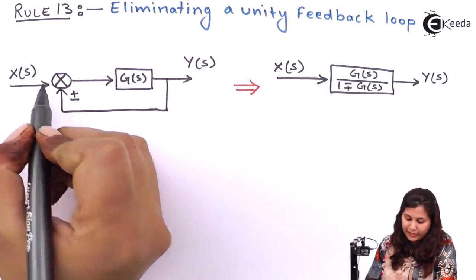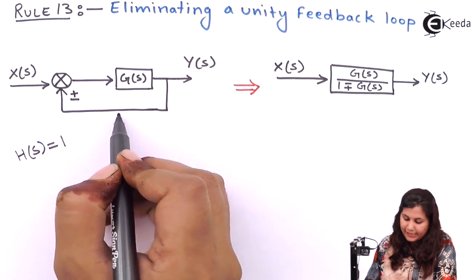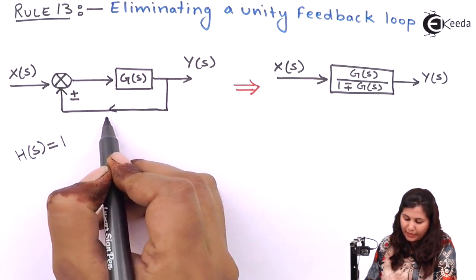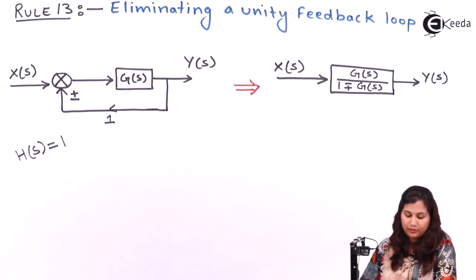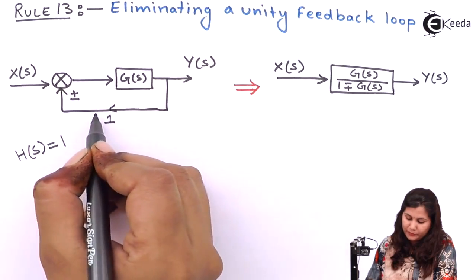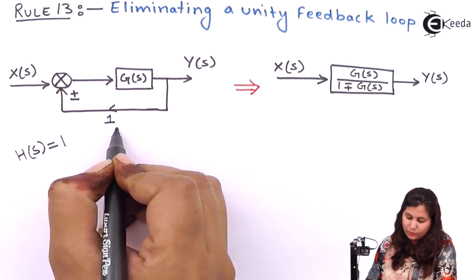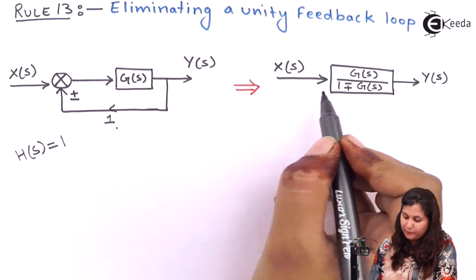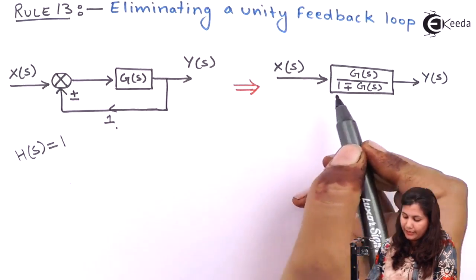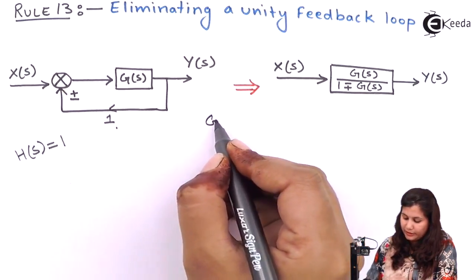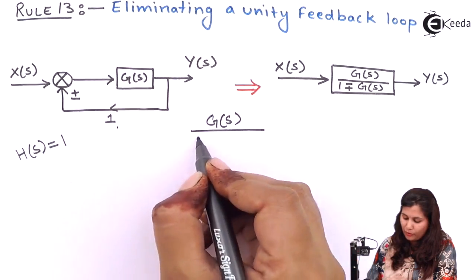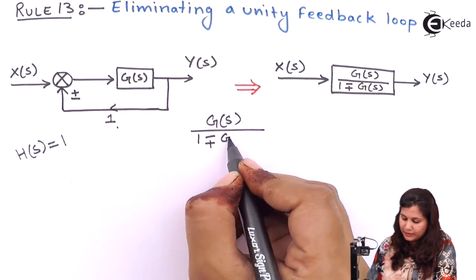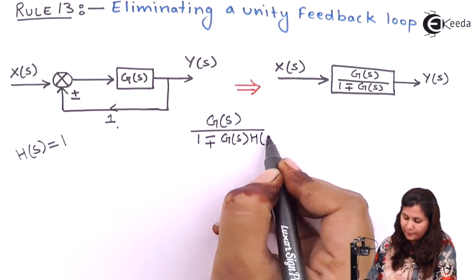Now, this is the input Xs, and here Hs is being replaced by 1. That is, this feedback loop has the transfer function 1. So we can just replace the value of Hs by 1. Earlier we obtained Gs upon 1 minus plus Gs Hs.